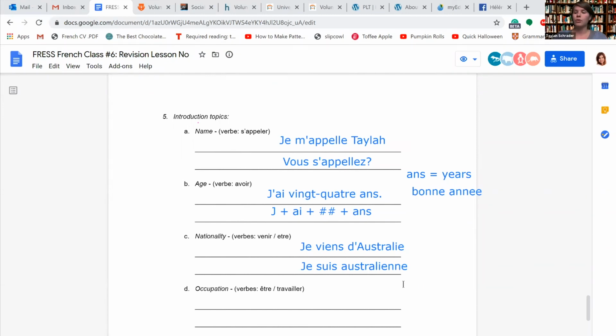And that's the way those two verbs are conjugated with the pronoun je. Does anyone else want to have a go with the suis? Sarah? Je suis australienne. Perfect.